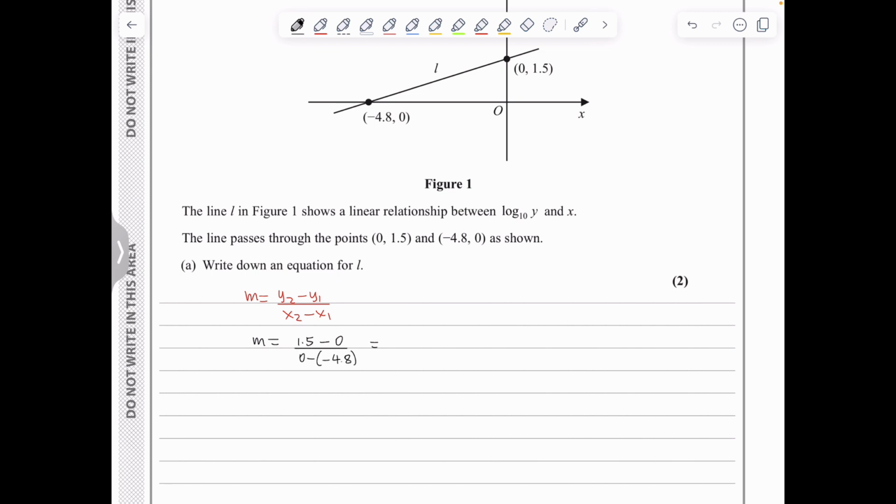This gives an answer for the gradient of 5 over 16. We can also observe from the graph that the y-intercept c is 1.5, the cut on the y-axis, and therefore we conclude that log of y base 10 is equal to 1.5 plus 5 over 16 x.